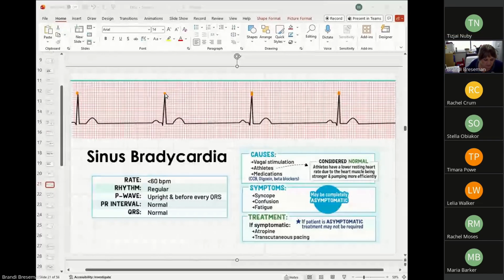Usually sinus bradycardia, sorry, we can reverse sinus bradycardia because it usually is caused by something. One of the most common causes is medications. Because, for example, I told you guys I have a rare heart condition. I take a lot of cardiac medications, a lot. And I'm on max dose on a lot of them.